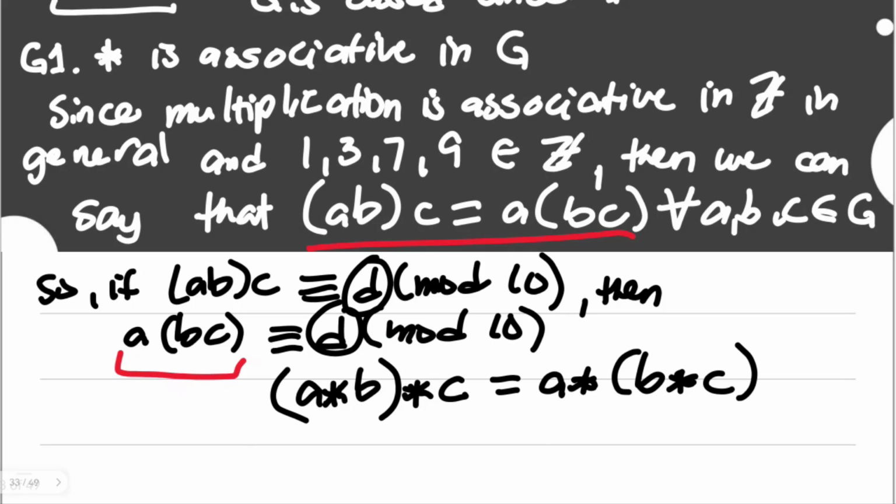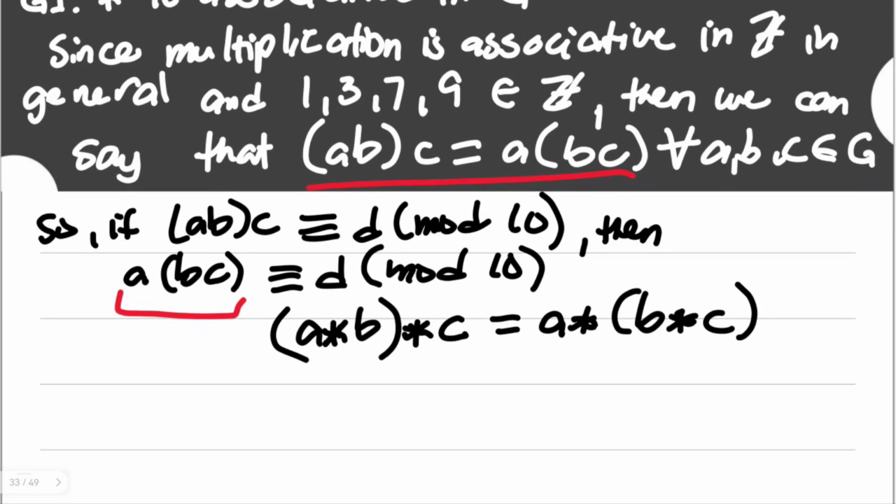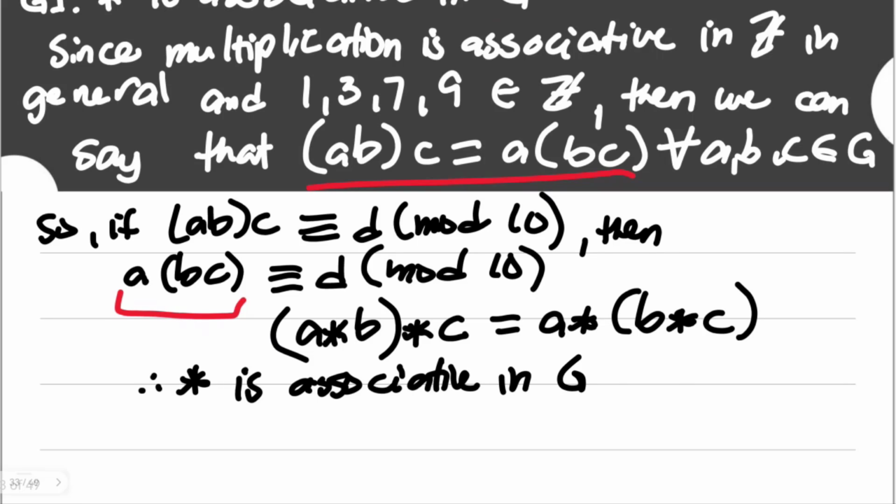And then when we take that under modulo 10, they will still result to the same value. So with that, we can now say, therefore, star is associative in G. This means G1 is satisfied. Okay, so we are now done with G1.